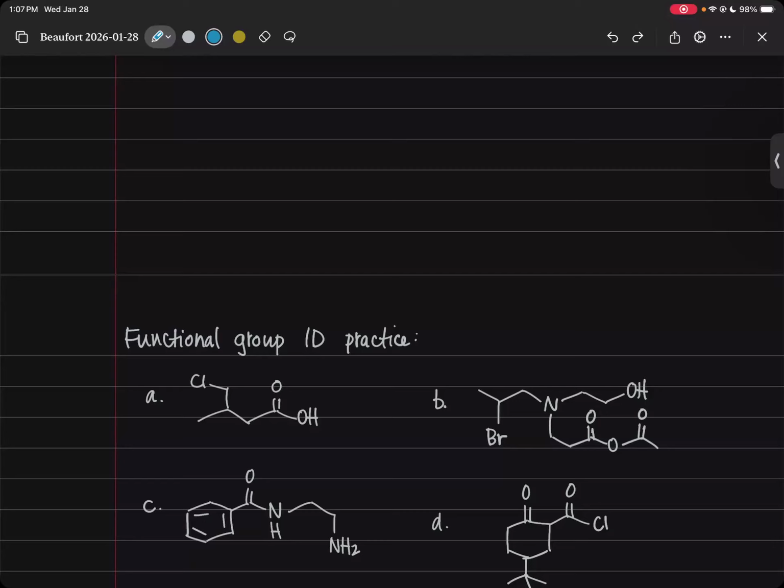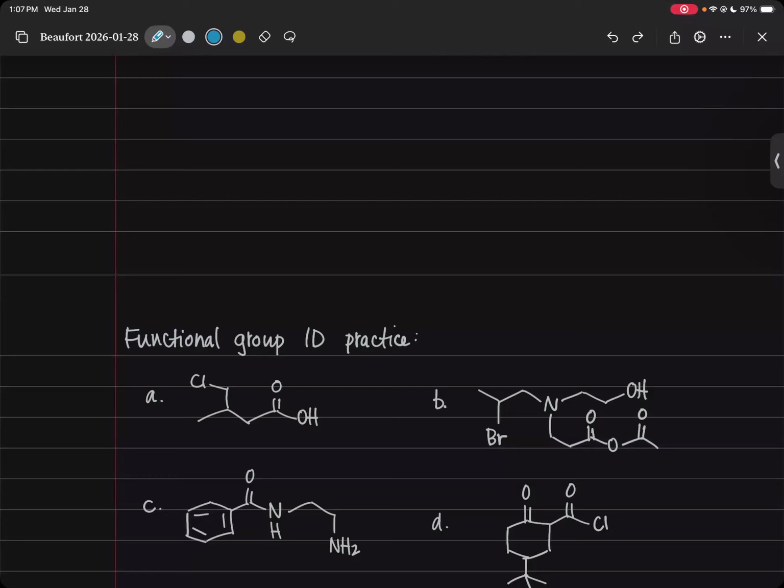Acid anhydride. It was correct. I just wrote it bigger. And then we've got alkyl halide there as well. So if you like, you can label the methyl group, but whatever.